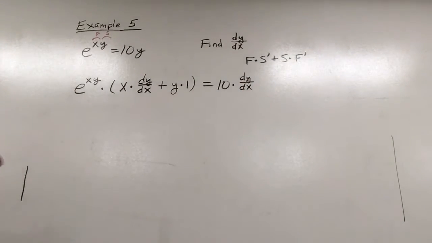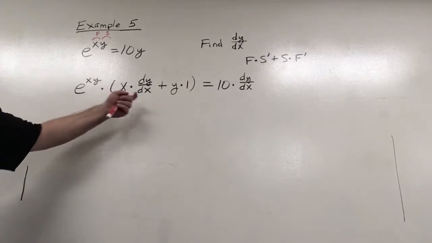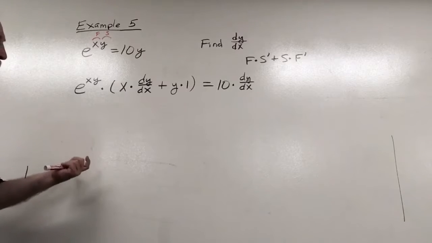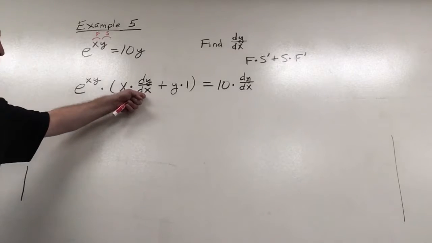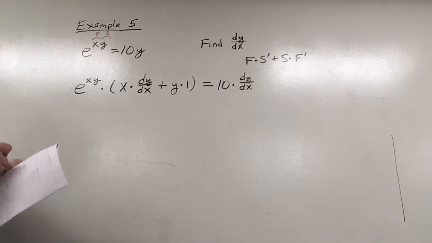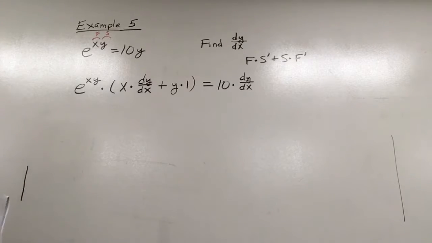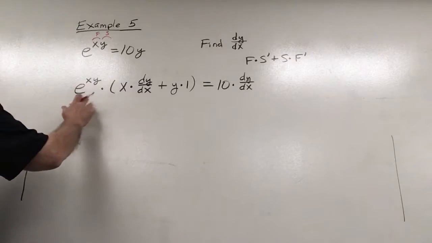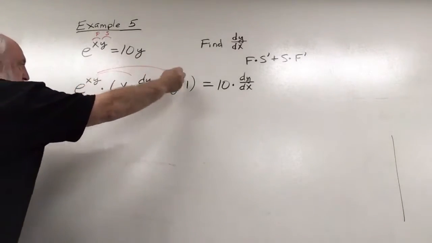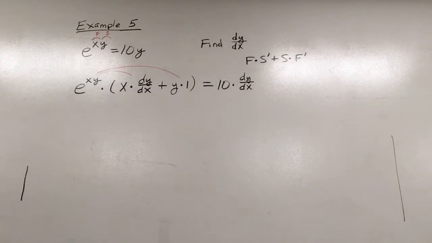And so now you see we've got to get all the terms with dy over dx on one side, and so inside parentheses here we have a term with dy over dx. But before we can isolate it, we've got to carry out this multiplication by e to the xy. So we have to use the distributive property, distributing inside the parentheses.